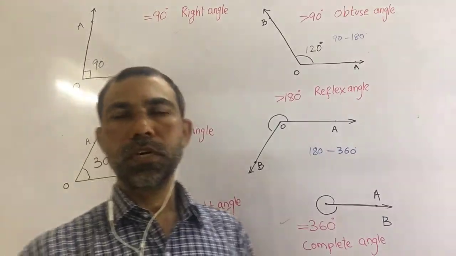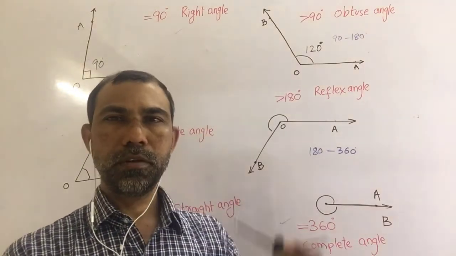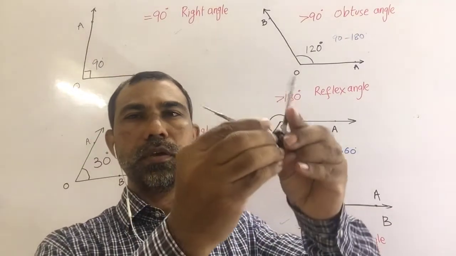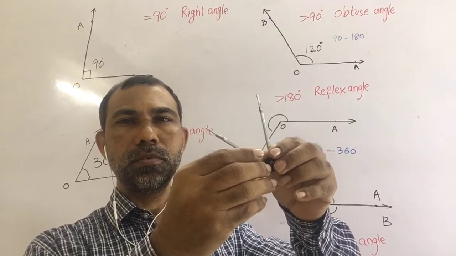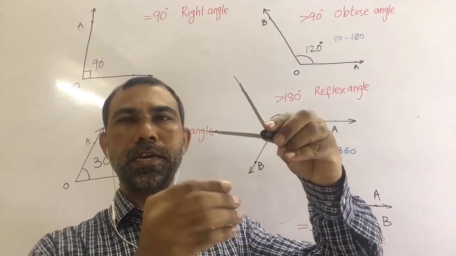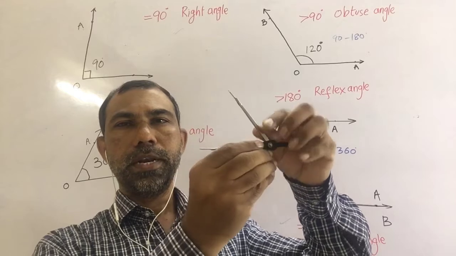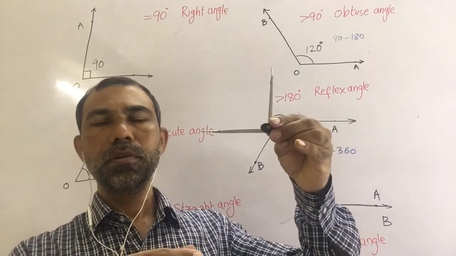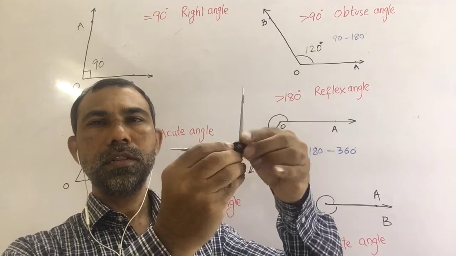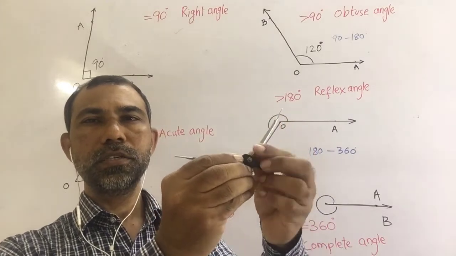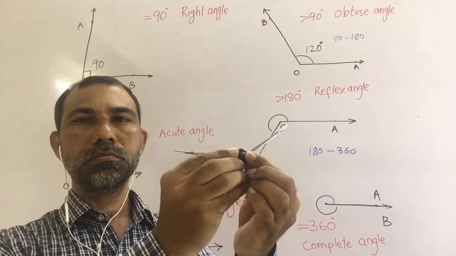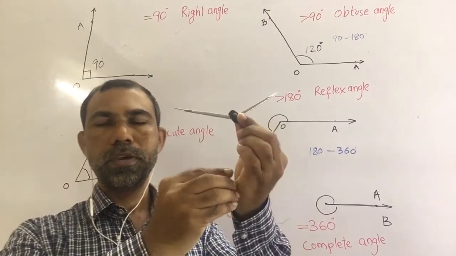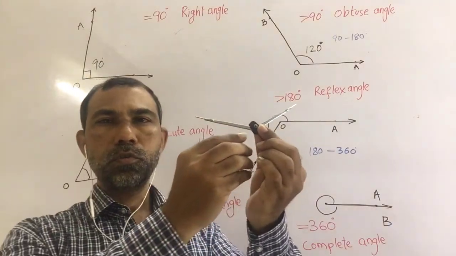If you see here, I have a divider with me. If it is less than 90 degrees, it is making an acute angle, and if it is straight like this L shape, it is a right angle. If it is more than 90 degrees, suppose you can assume, it will be an obtuse angle.